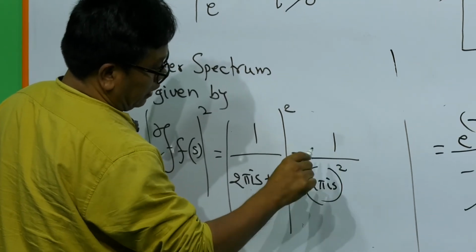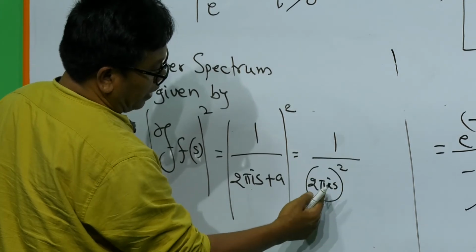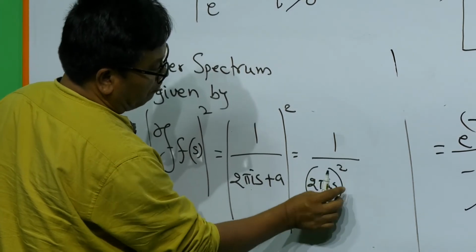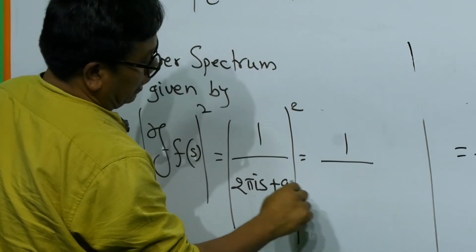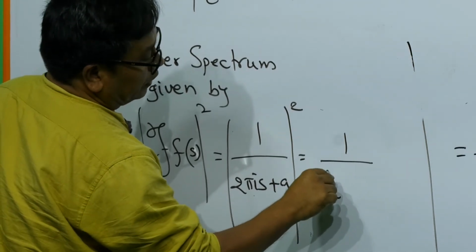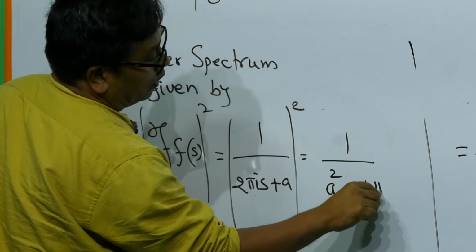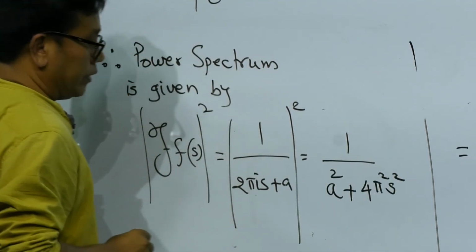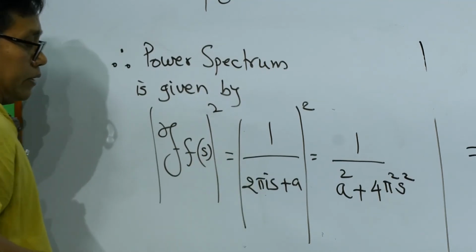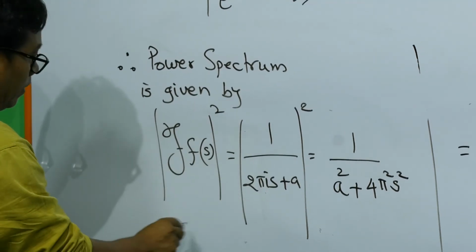I square will be minus 1 again, and 2 square will be 4. So I can write this, the positive quantity first, as a square plus 4 pi square s square. I square was equal to minus 1, and it has been cancelled. So this is the power spectrum.